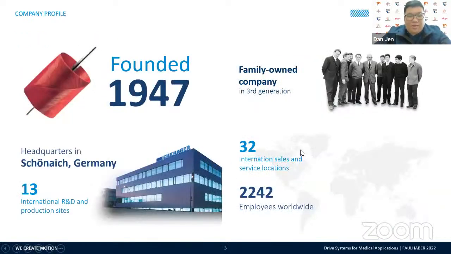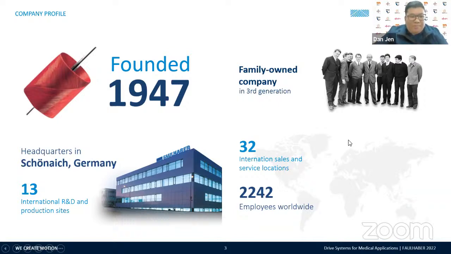Fall Harbor was founded in 1947 by Dr. Fritz Fall Harbor, who is the gentleman right in the middle of the group photo shown on the top right-hand side of this screen. Right now it's a family-owned company, which is currently in the hands of the third generation.